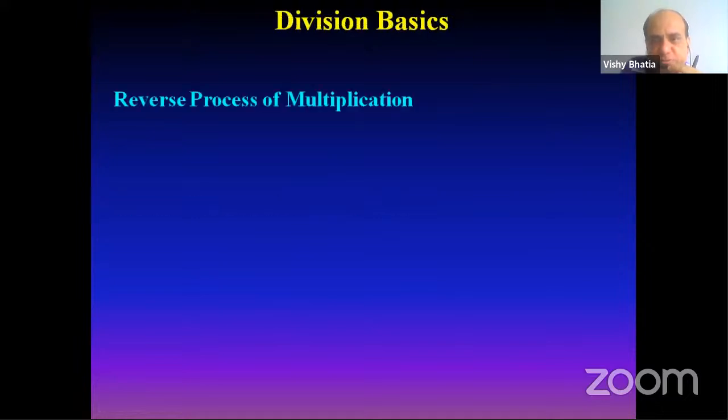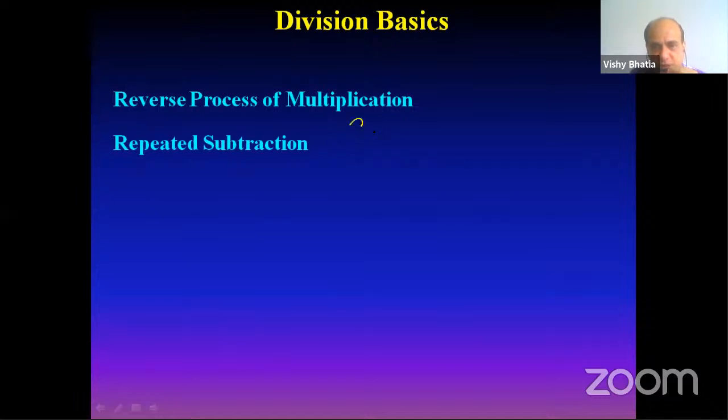First of all, you must remember that division is nothing but the reverse process of multiplication. It is nothing but repeated subtraction. When we talk about multiplication, it's repeated addition. Because division is the opposite process of multiplication, in division what we do is repeated subtraction.